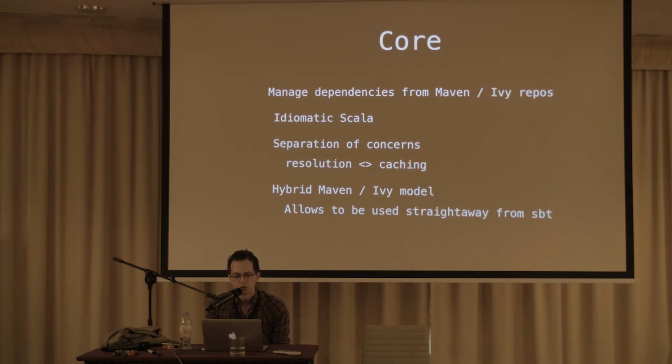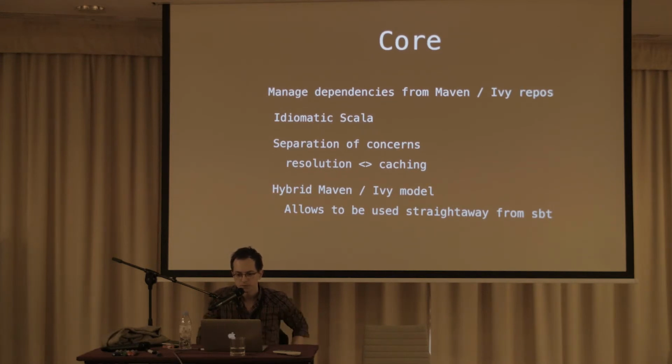It tries to enforce a strict separation of concerns between, on the one hand, the resolution, that is the walking of the dependency graph, and on the other hand, all the caching stuff, that is all that's related to downloading things and managing time to lives of things we downloaded. All these things are clearly separated.